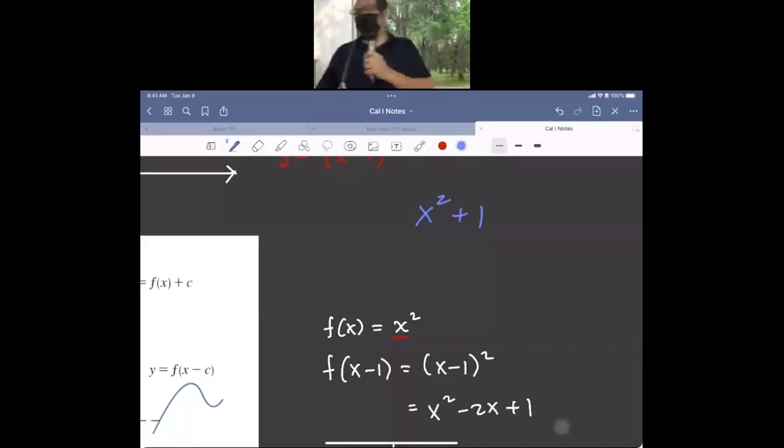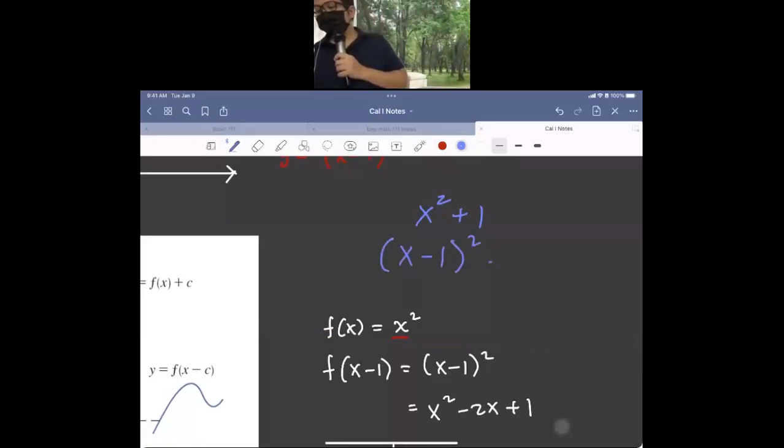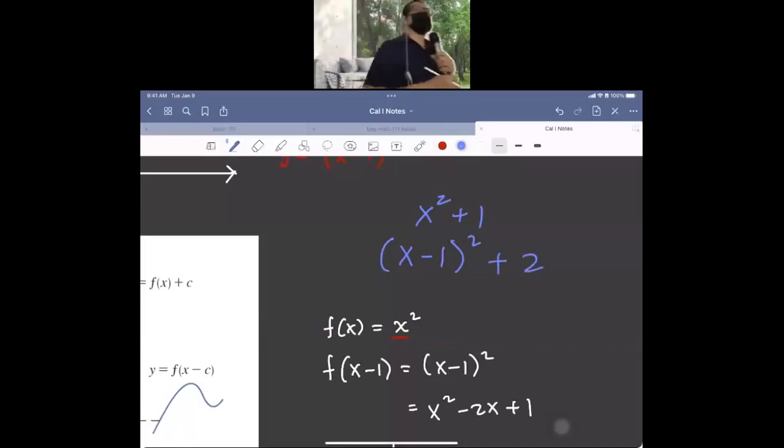And whenever you see something like this, instead of expanding the equation and then writing the roots, the vertex, and so on, you will know that this is just a typical x squared, but moved to the left and to the right 1 unit and to the top 2 units, right?